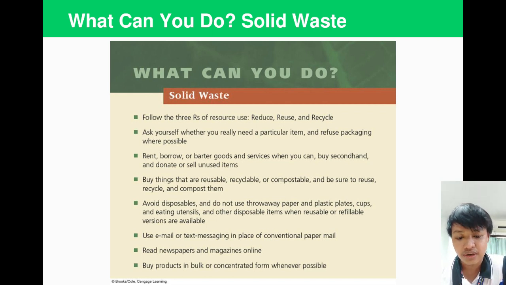Buy things that are reusable, recyclable, or compostable, and be sure to reuse, recycle, and compost them. Avoid disposables, and do not throw away paper and plastic plates, cups, and eating utensils and other disposable items when reusable or refillable versions are available.